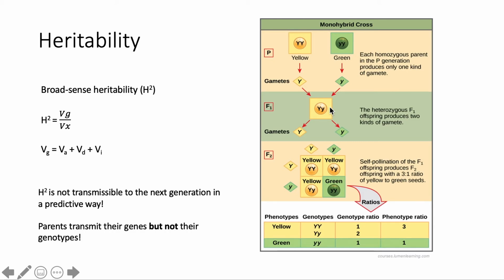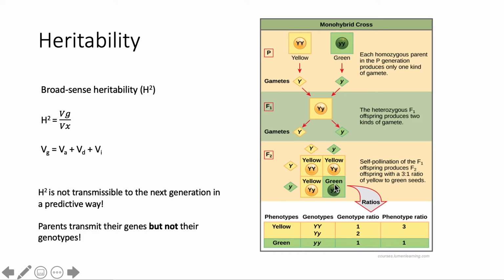If we think we are working in common bean, we can advance this F1 by self-pollination, which means that this genotype could produce two different gametes, the big Y and the small y. When I advance one generation, 75% of the lines of that progeny are going to be yellow, and just 25% are going to be green.